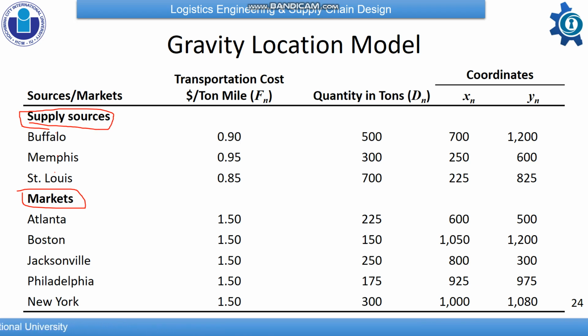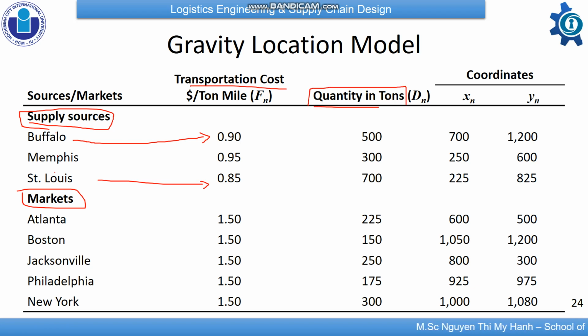And I have the information, that is the transportation cost per ton mile in Buffalo is $0.9, in St. Louis is 0.85, and the quantity they have to deliver from Buffalo is 500, from St. Louis is 700.